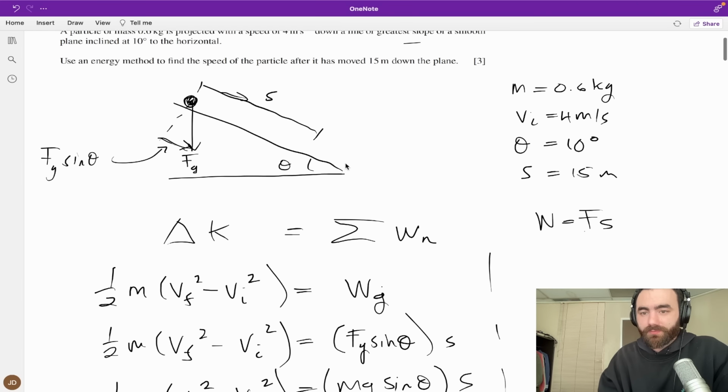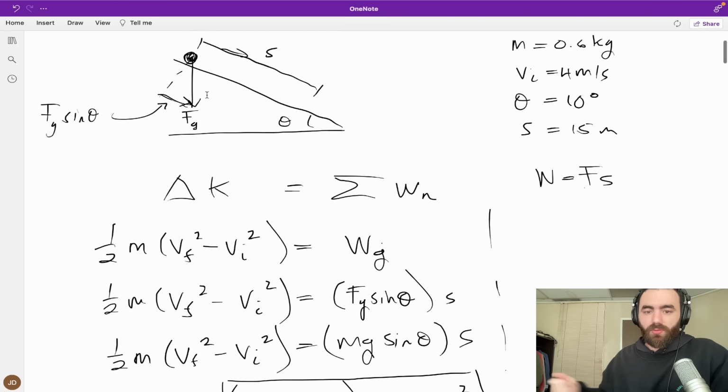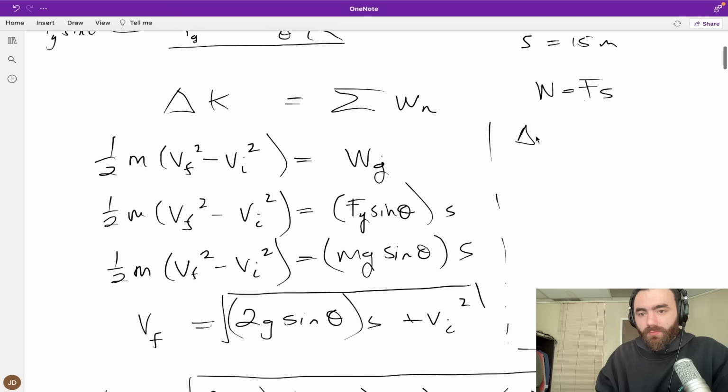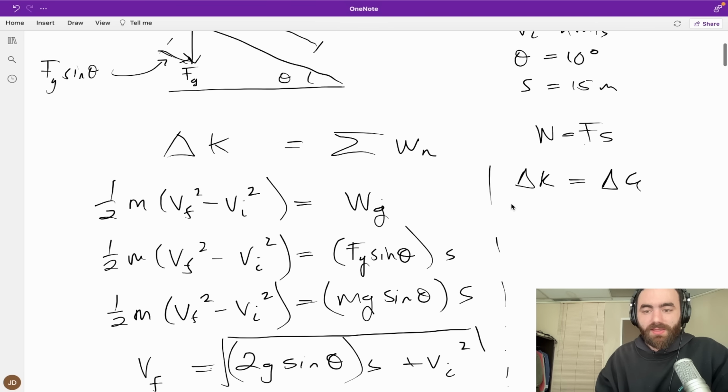It's speeding up, and it's having a loss in gravitational potential energy, which is going to kinetic energy. You can say that the change in kinetic energy equals the change in gravitational potential energy. That's another way to think about it.